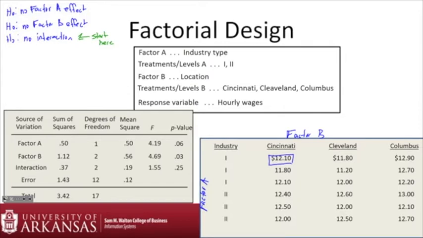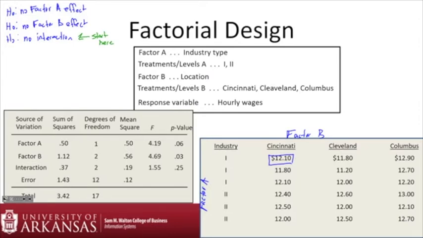So if I was trying to say, is there a difference in just location? Well, maybe there is a difference in location, but if I add, is there a difference in industry? Maybe there is. But what I'm really interested in is whether there is a difference in the interaction of industry and location.